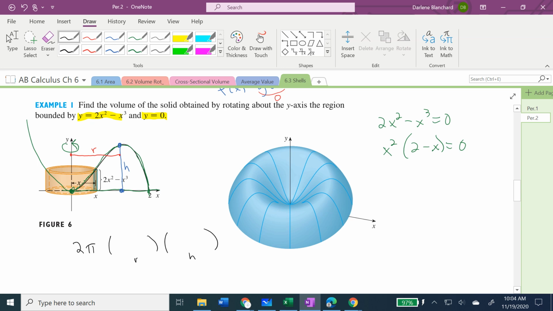With the rectangle being vertical in its length, that means horizontal is what's cut up into tiny pieces, and it's a dx integral. I need to know the x coordinates where the region exists, and that would be 0 to 2. And now all I have left is to set up a formula with respect to x for the radius and the height.